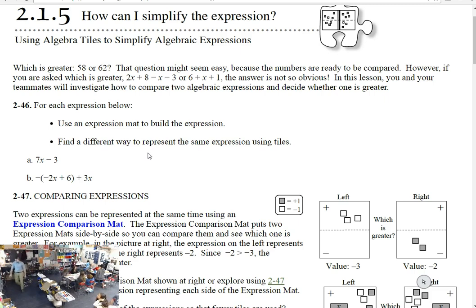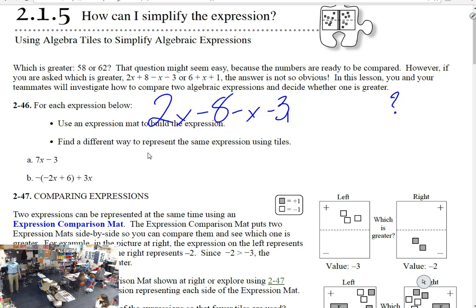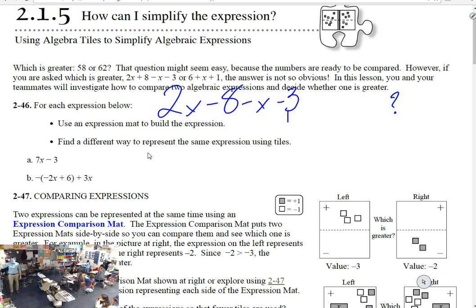What if I then ask you which is greater, this compared to that? Which one's greater? Come on.